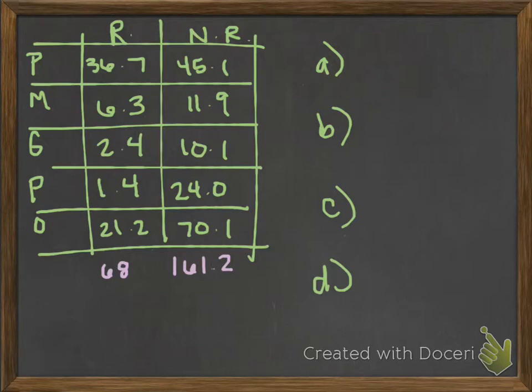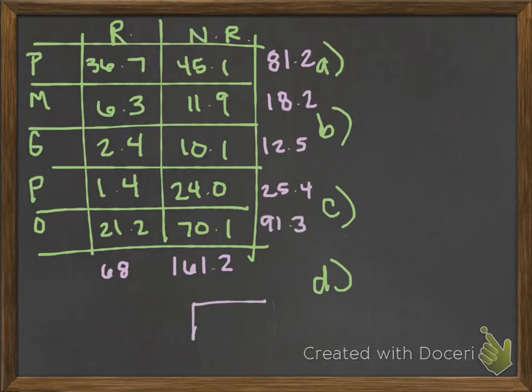Paper is 81.2. Metal is 18.2. Glass is 12.5. Plastic is 25.4. Other is 91.3. And our overall total that we're dealing with is 229.2.